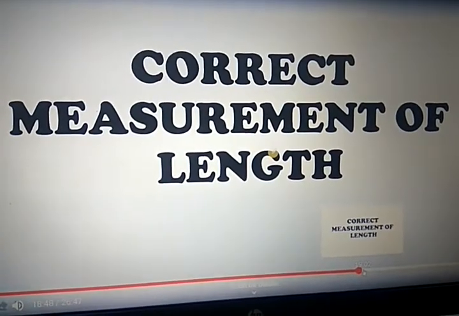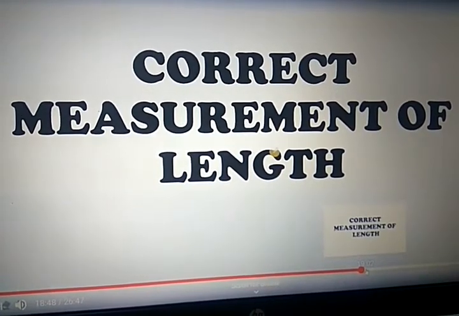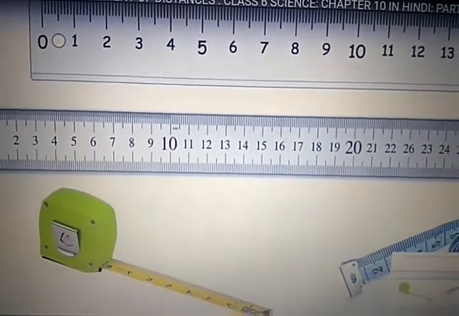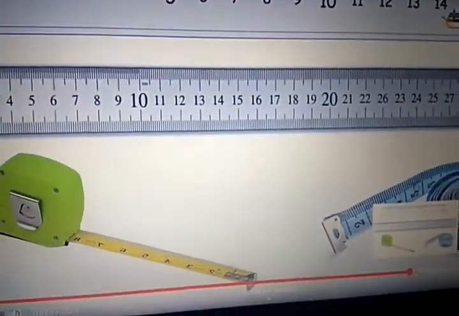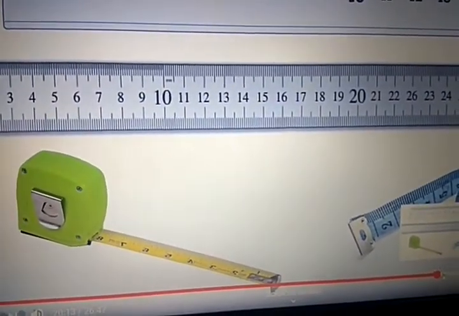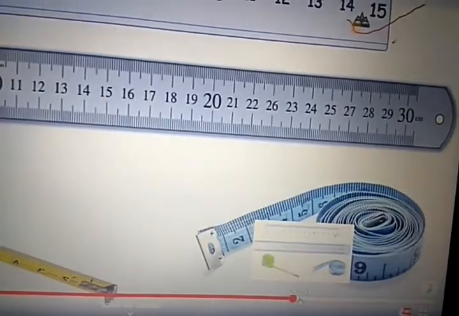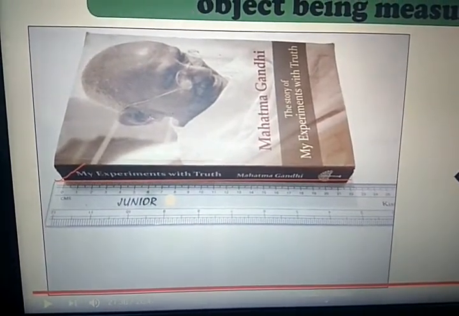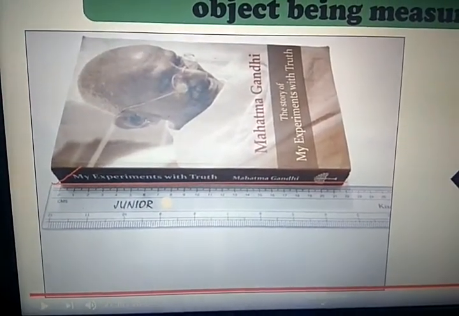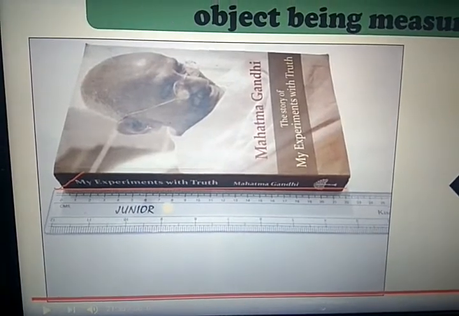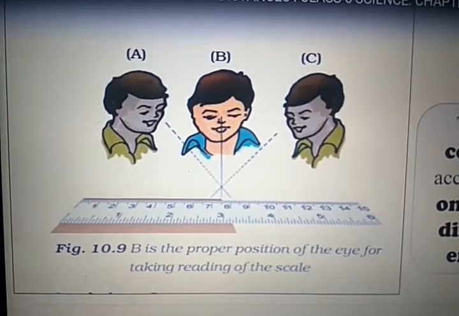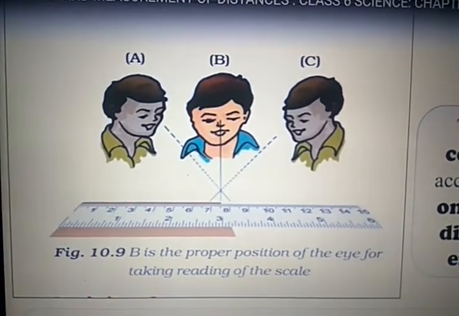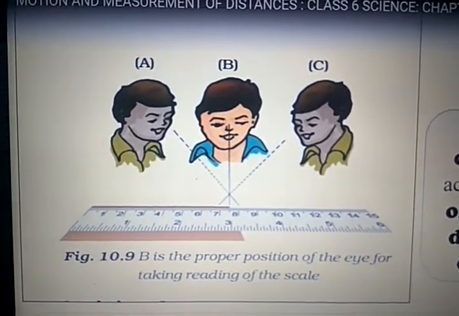Now we move to the next point, the correct measurement of length. For correct measurement we use a long scale or a tailor's measure tape. If you want to measure the length of this book, see how it is kept. Here 3 students are reading the measurement. Which is the correct way?